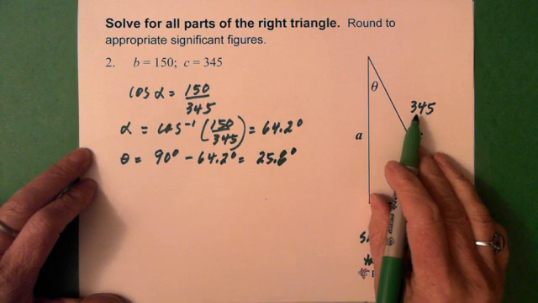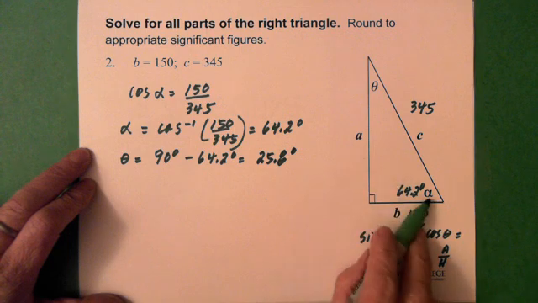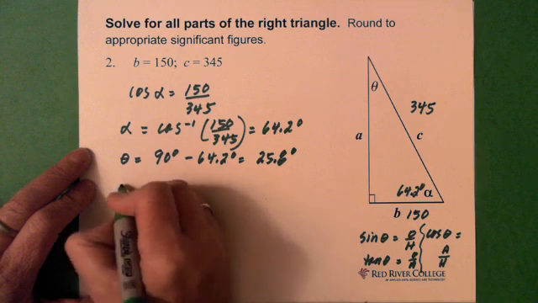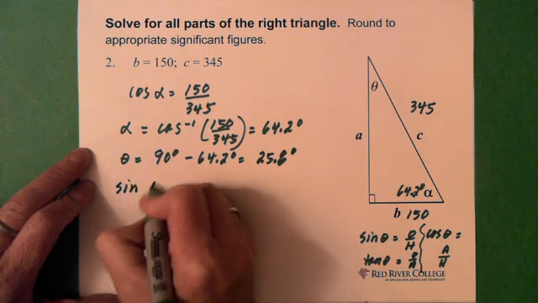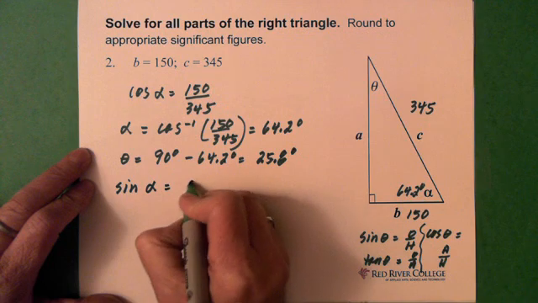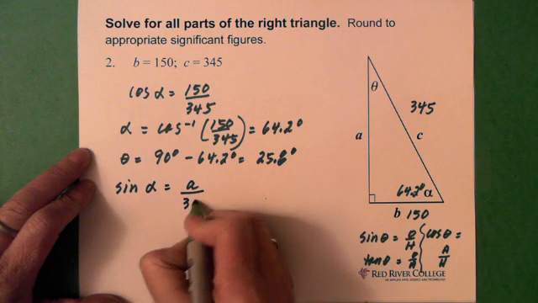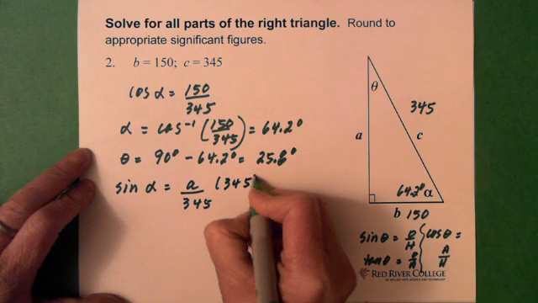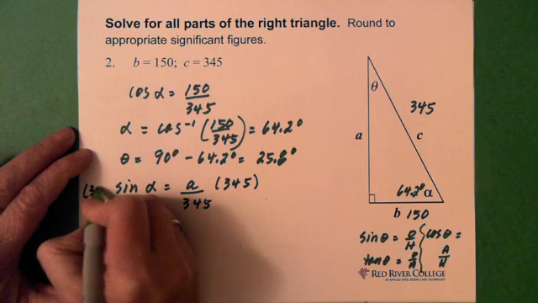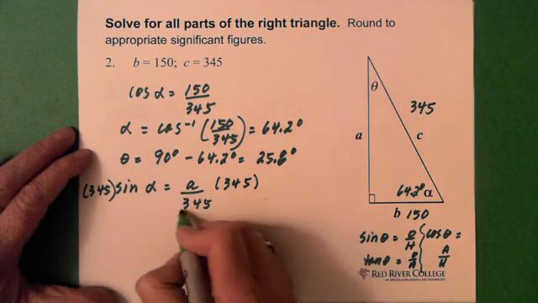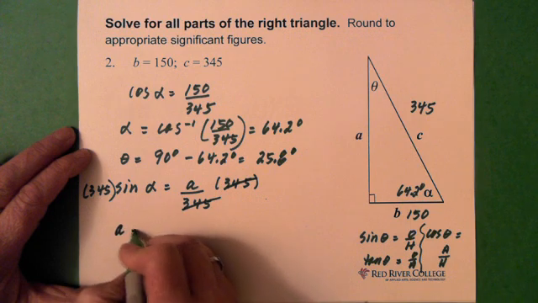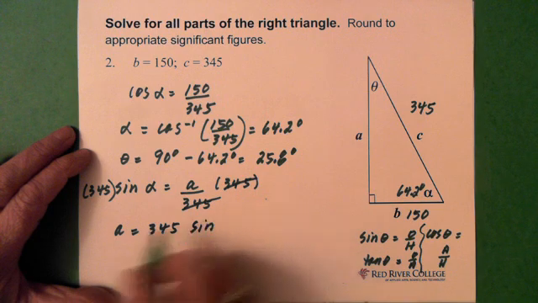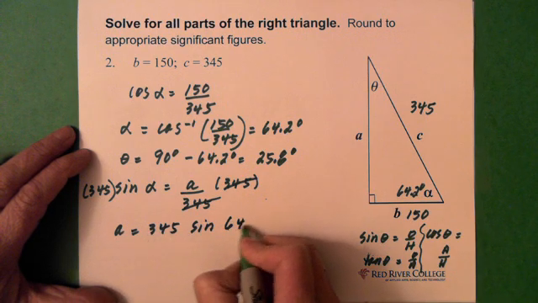So let's use the hypotenuse, and A, this side is opposite alpha. So then yeah, sine. So the sine of alpha equals A over 345. We multiply here by 345. We multiply on this side by 345. These two cancel. So A equals 345 times the sine of alpha, which is 64.2 degrees.